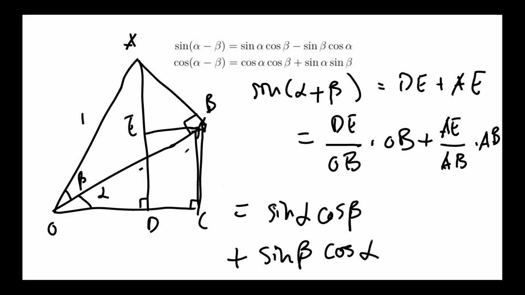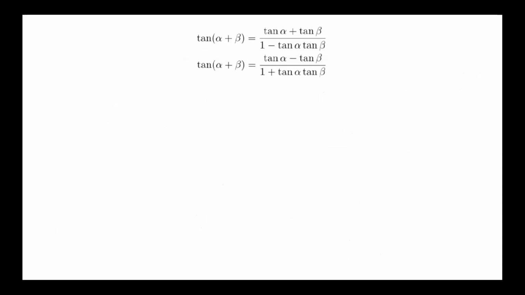Okay, the proof for cosine will be on the handout, since we're kind of running out of room on this slide. We also have the tangent ones, and oh, this is a mistake. It should be minus here. We can use the cosine ones and the sine ones to prove it.